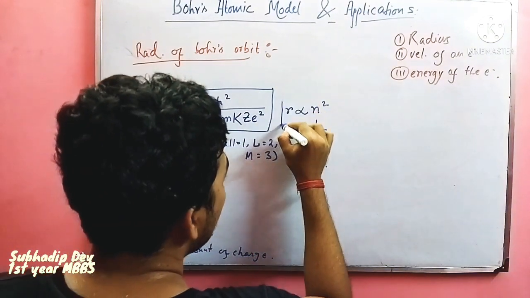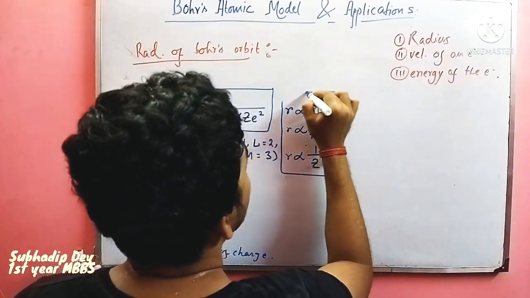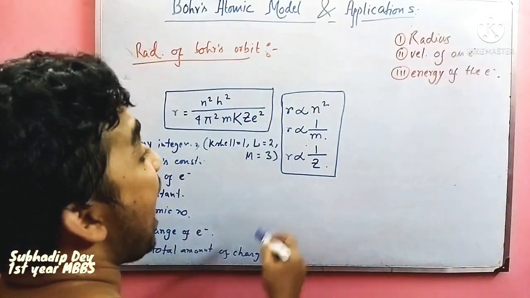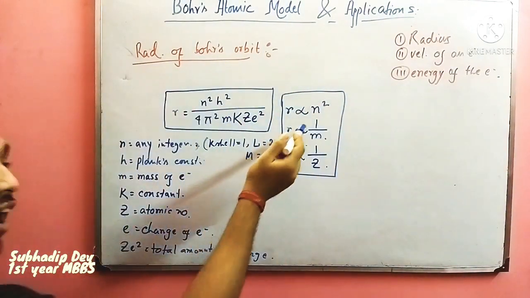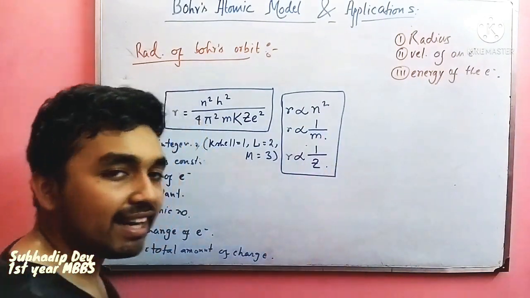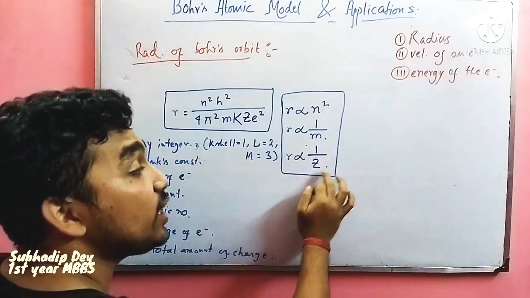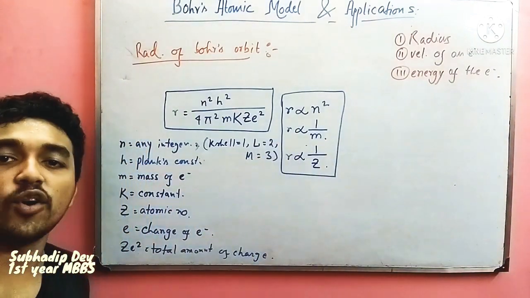So you need to remember these three only: radius is directly proportional to n square, inversely proportional to the mass of the electron, and also inversely proportional to the atomic number.